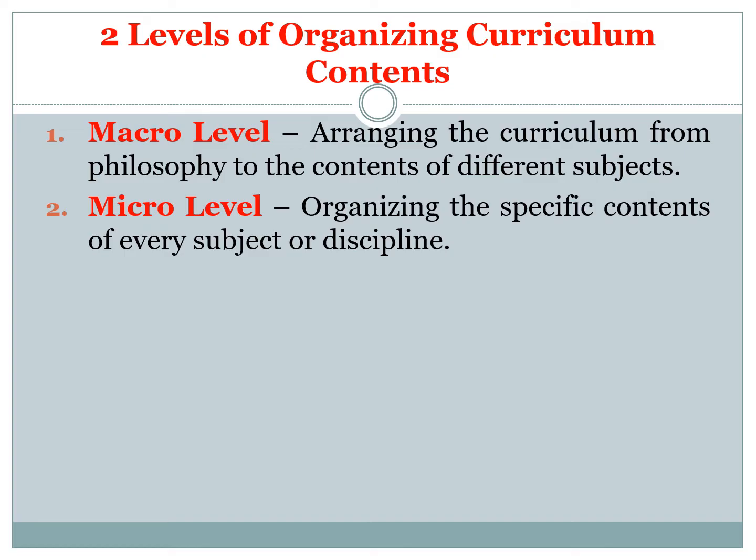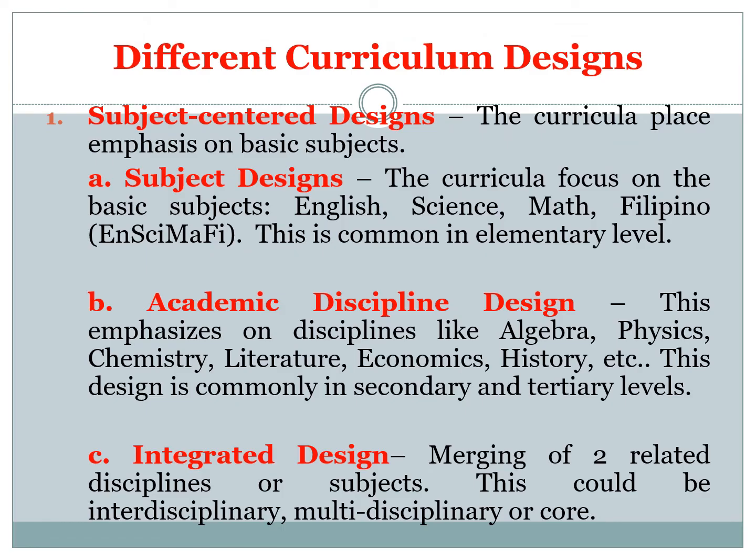Now, what is the difference between subject and discipline? Say subject, guys, it refers to English, science, math, and Filipino. Okay? And discipline, it refers to the following disciplines such as the algebra, physics, chemistry, literature, economics, history, and so on and so forth.